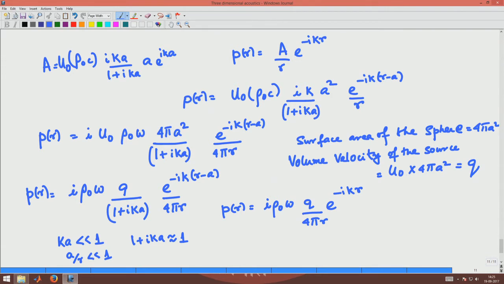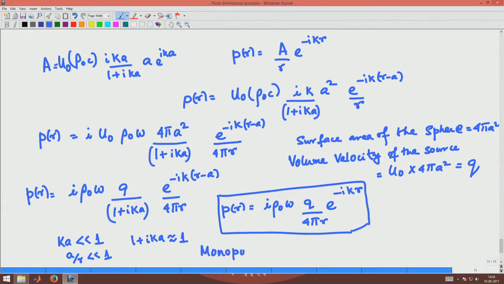Obviously, you cannot look at distances which are very close to the sphere using this formula, but if you choose to look at distances which are far away from the surface of the sphere or from the source where it is generated, and you also choose the radius of the sphere to be much lesser than the acoustic wavelength at the particular frequency, then you get this nice compact formula, and this situation is called a monopole.